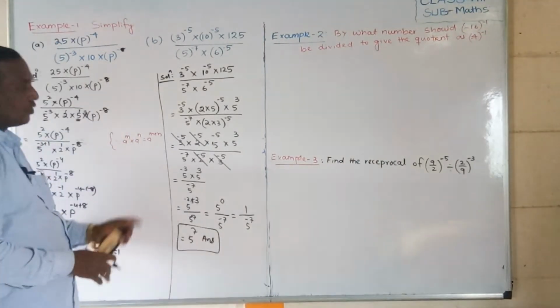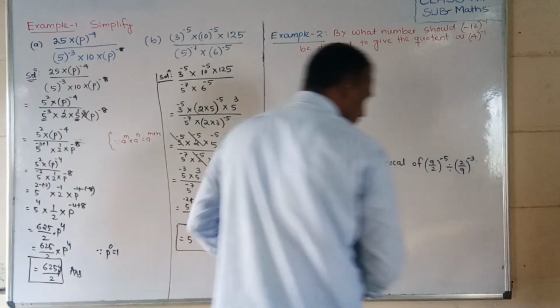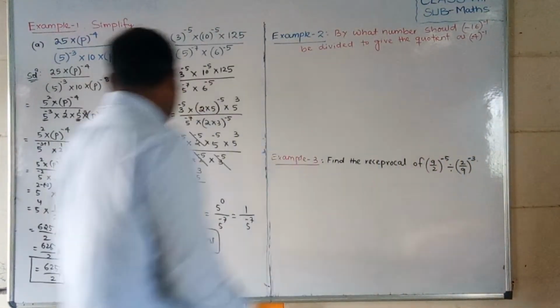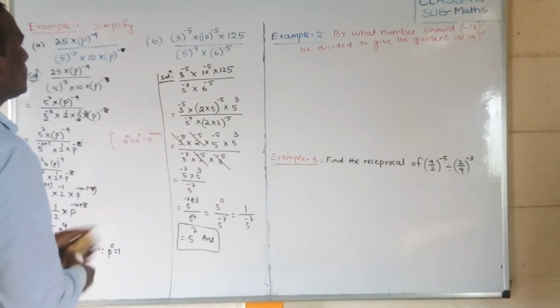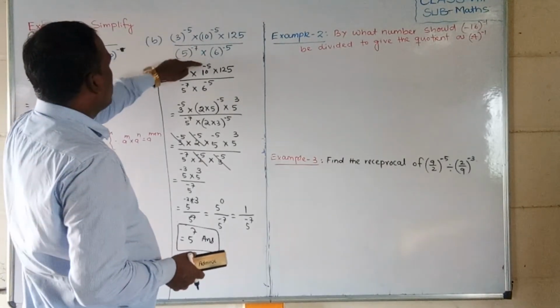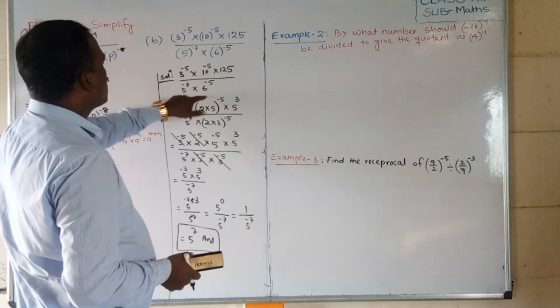Okay students, I hope you have understood the answer. Let us look at that question once more: 3 to the power -5, 10 to the power -5 into 125, divided by 5 to the power -7 into 6 to the power -5.